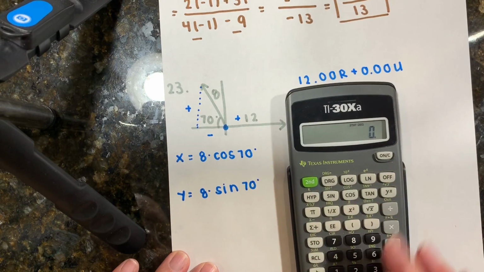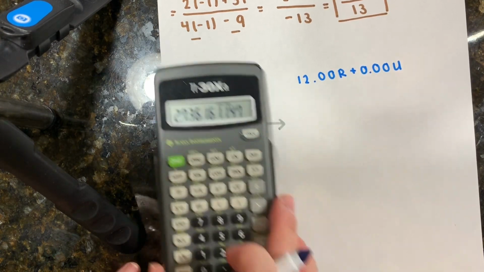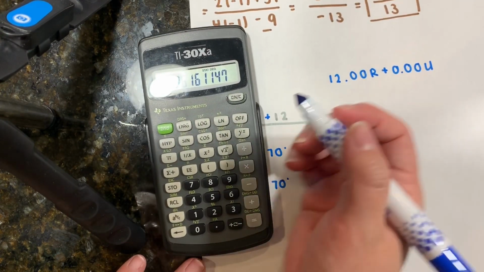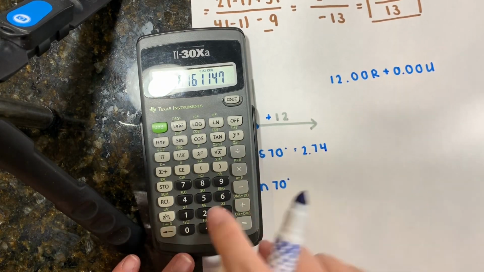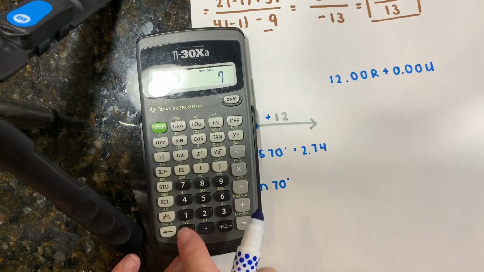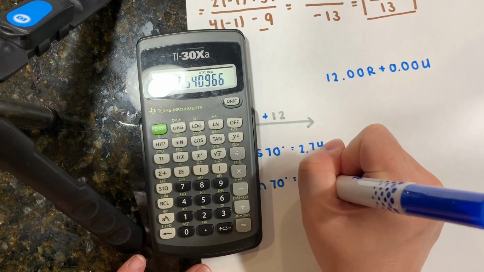So in my calculator, it's going to be 8 times 70 cosine equals. That gives me 2.74. Then I'm going to do 8 times 70 sine equals, and that would be 7.52.